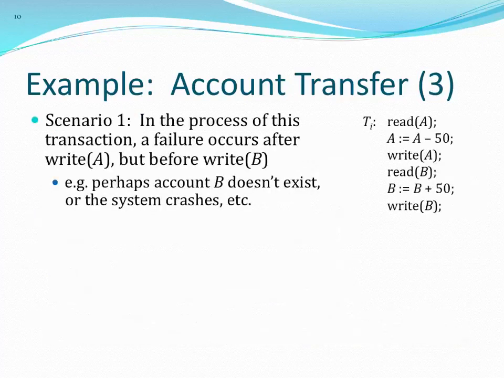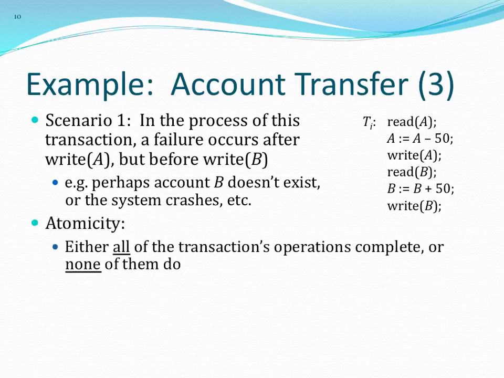So first scenario. A failure occurs after the first write, but before the second write. So we have a situation where the transaction is interrupted. As far as atomicity is concerned, we have to make sure that all of those operations either complete or none of them do. So if the system fails between the first write and the second write, we have to have some way of undoing the first write.